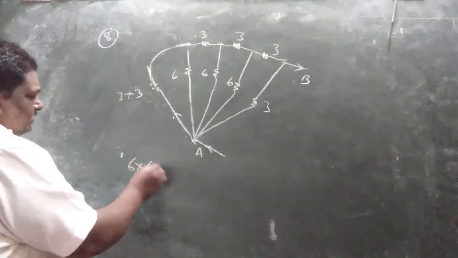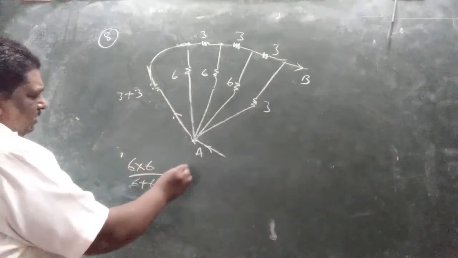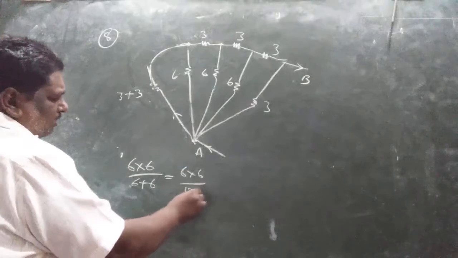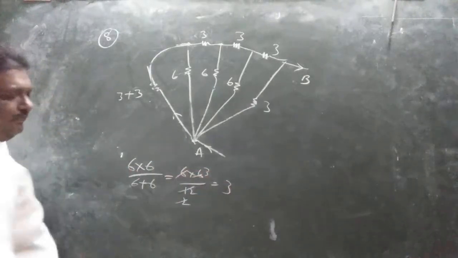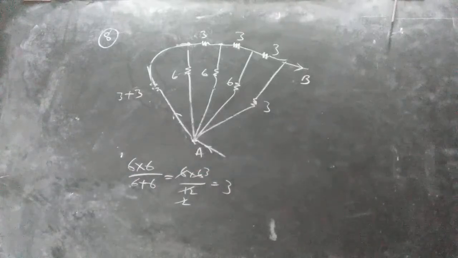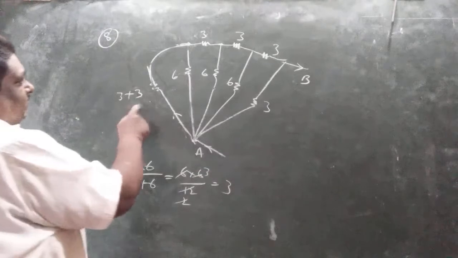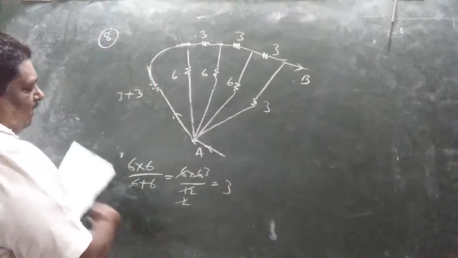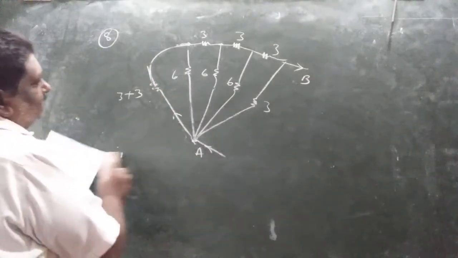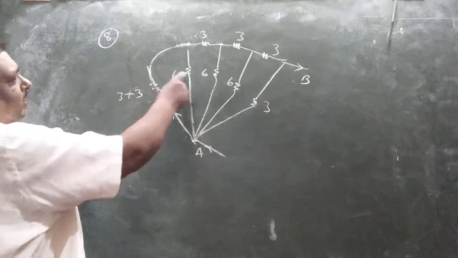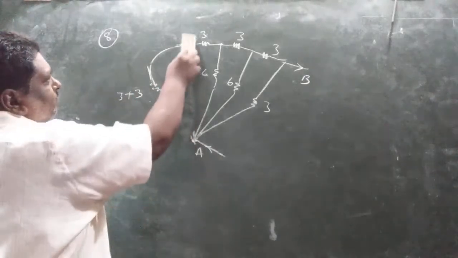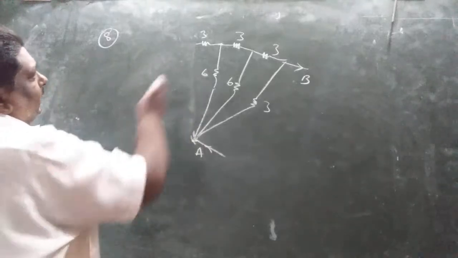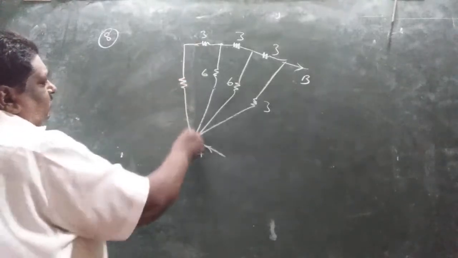What is the equivalent? 6 into 6 by 6 plus 6, that is 6 into 6 by 12, which is 3. When two resistors are in parallel, the equivalent is half of the value. So these two I am replacing with 3.